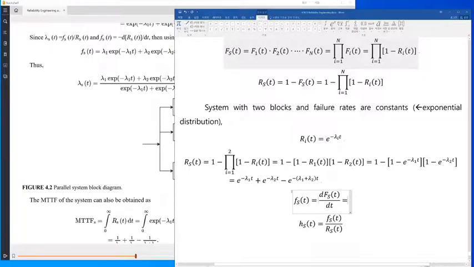Because this F(t) is given as 1 minus R(t), 1 minus reliability of the system, this is the same as minus the derivative of the reliability of the system.